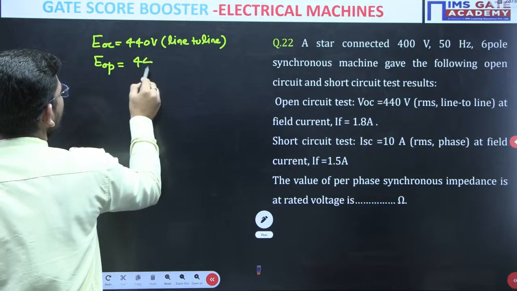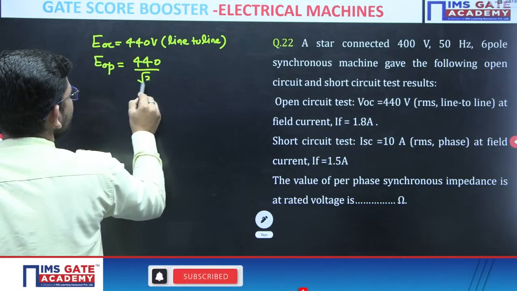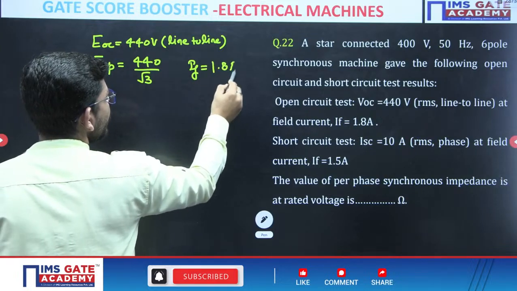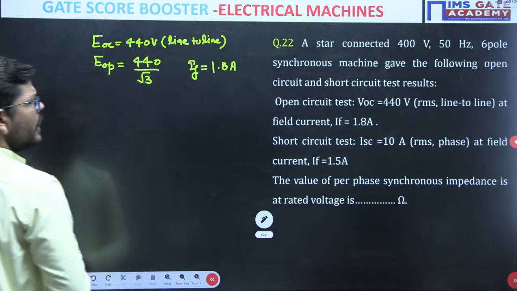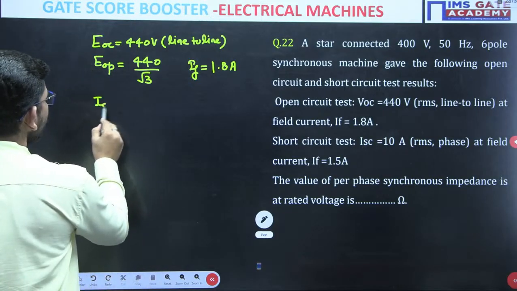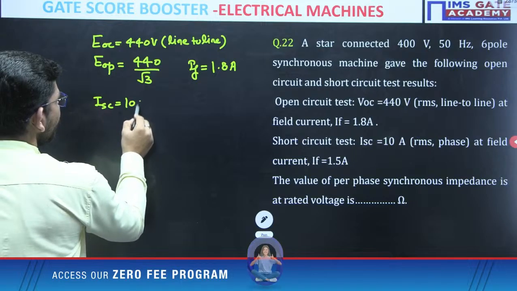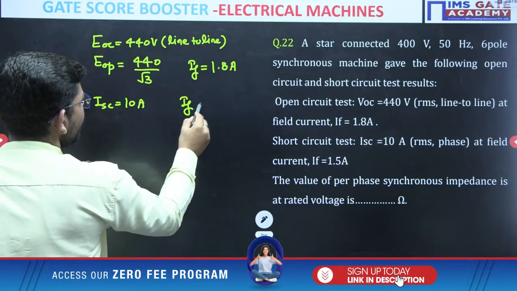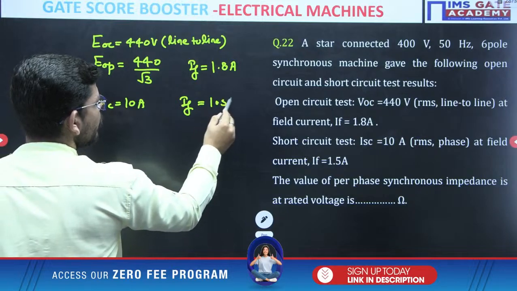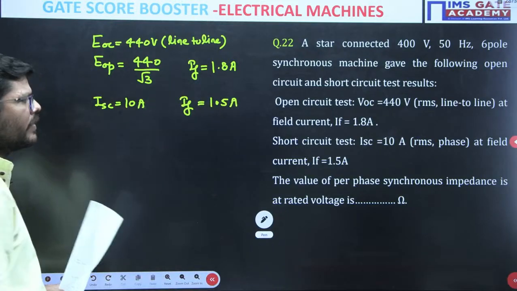It will be 440 divided by √3, and this we are getting for a field current of 1.8 ampere. When we are conducting the short circuit test, the short circuit current is 10 ampere, but it is at a field current of 1.5 ampere.